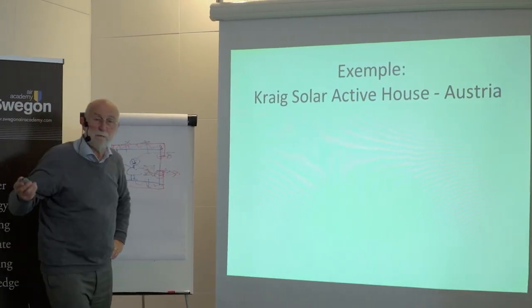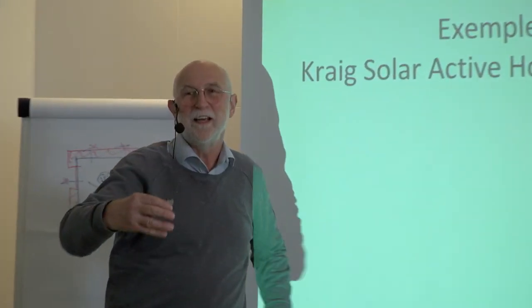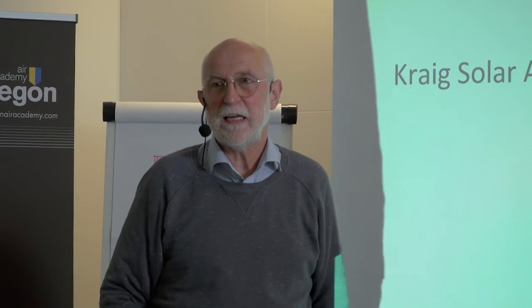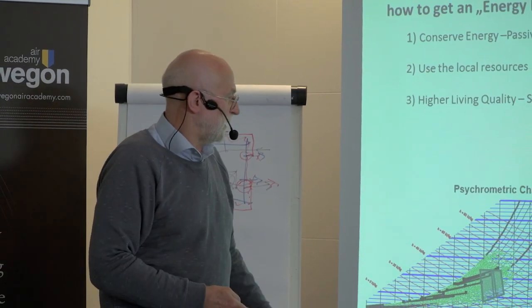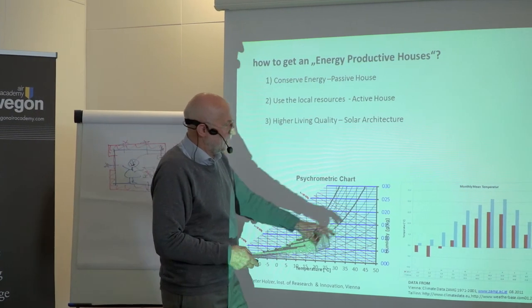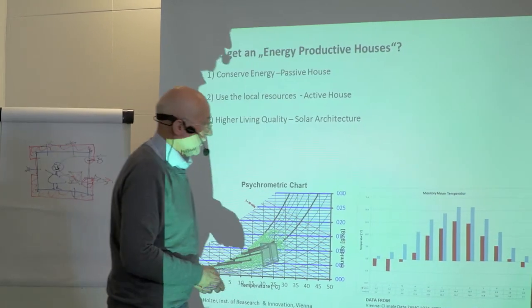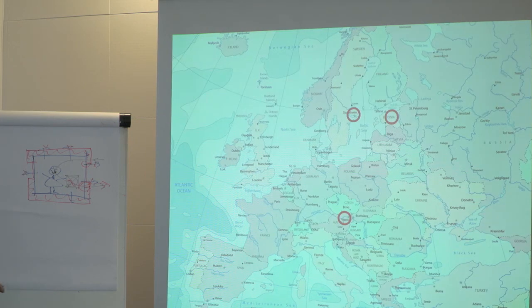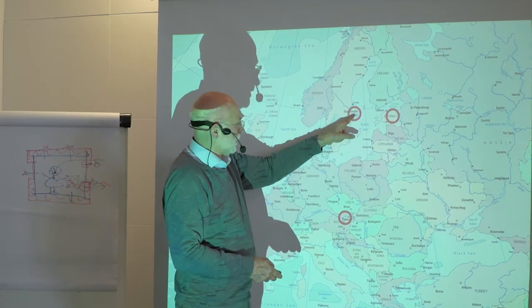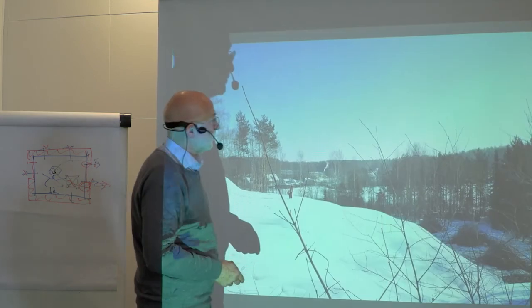At least an example in a northern country, so that you have also a building which is built in an area like here in Stockholm. It's a special condition. It's comparing Vienna and the climate in Estonia. So the project is here in Estonia. We are here in Stockholm, and I am coming from Vienna.